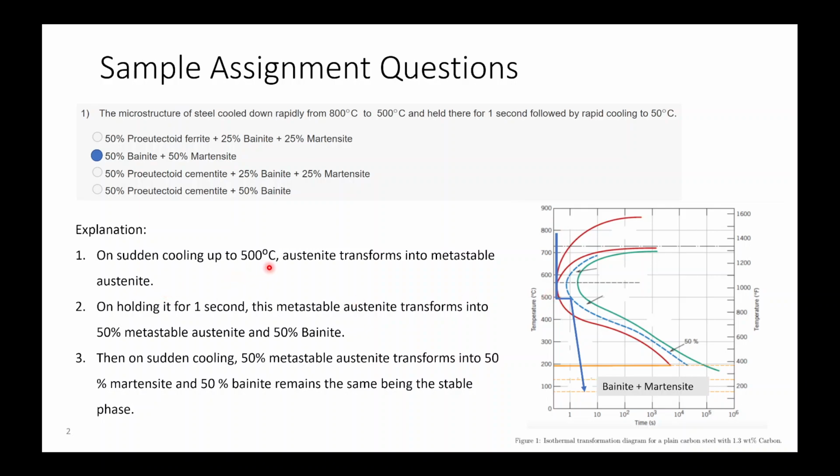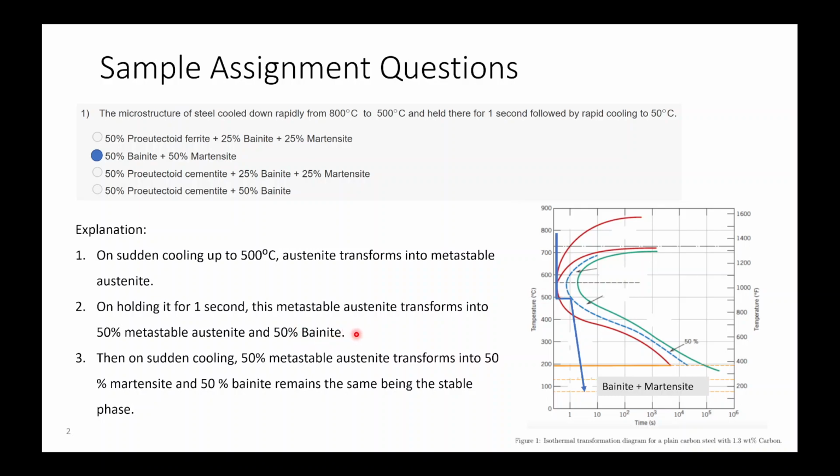So on sudden cooling to 500 degrees Celsius, your austenite becomes metastable austenite. After this, you are holding for 1 second. This metastable austenite will transform to bainite, and this will only be completed to 50% as it is touching the 50% line. So there will be 50% bainite transformation and 50% metastable austenite.